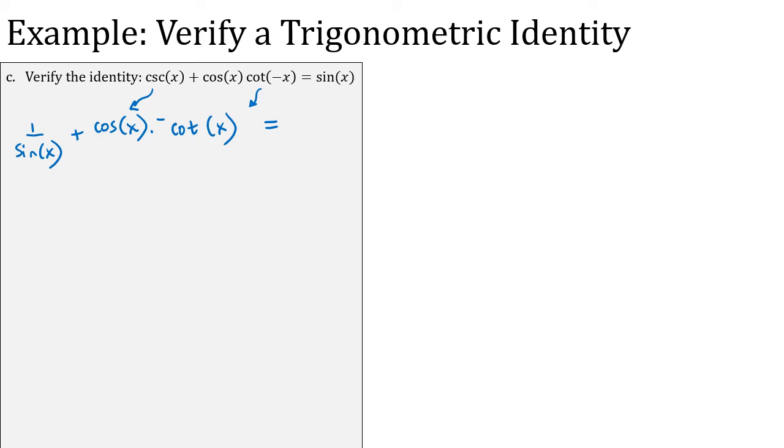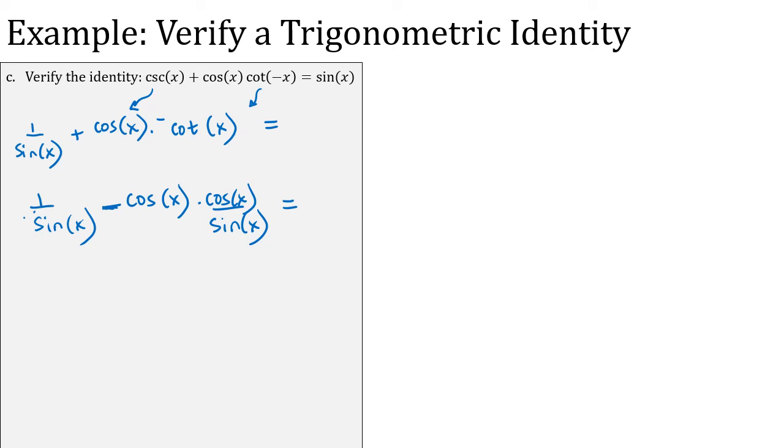So on the next line, I'm going to write 1 over the sine of x, and I'm going to move that minus sign out front. So the minus sign is going to be right here, and I'm going to have the cosine of x, and I'm going to rewrite the cotangent as cosine of x over the sine of x.